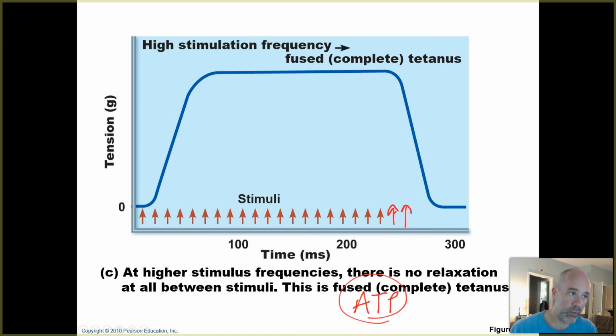But when you run out of fuel, even if the motor neuron is still stimulating, you're gradually going to stair-step down your muscle contraction. You know, it's going to try to keep contracting. It's going to try to keep making those cross bridges happen, but it's not going to be successful at doing so. So you're going to stair-step down to a relaxed state.